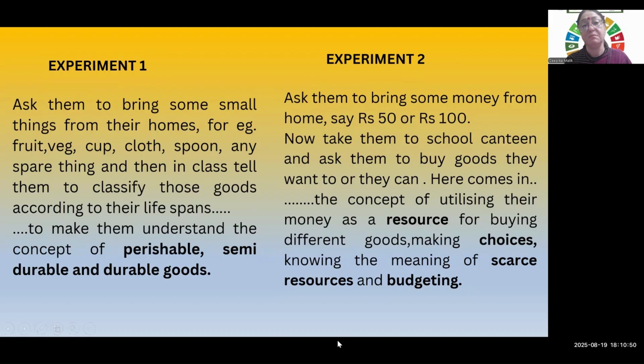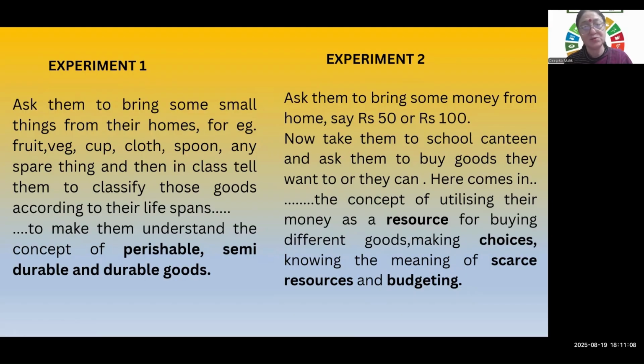So limited money is a limited resource at their disposal. Now they'll have to think and decide what choices they have to make. So choice, scarcity, budgeting, and how to make the maximum benefit out of it.